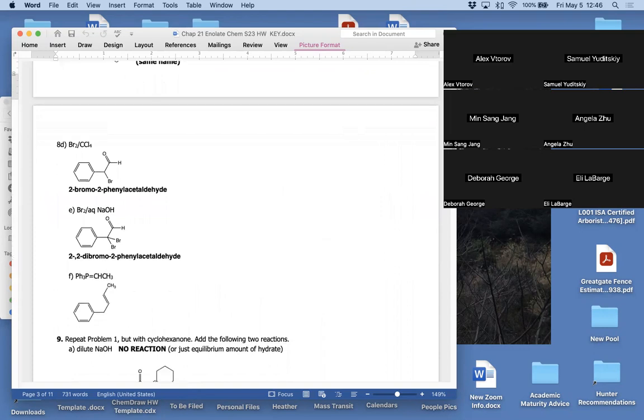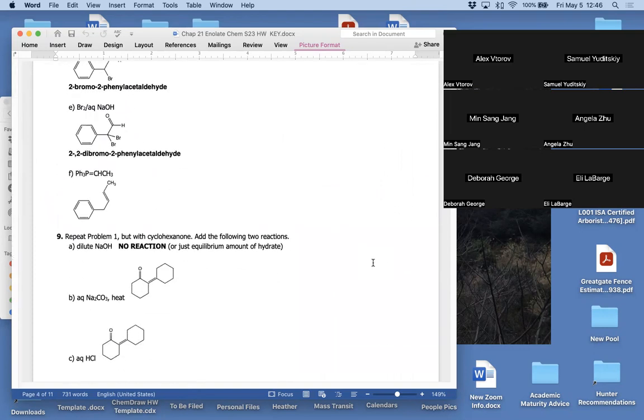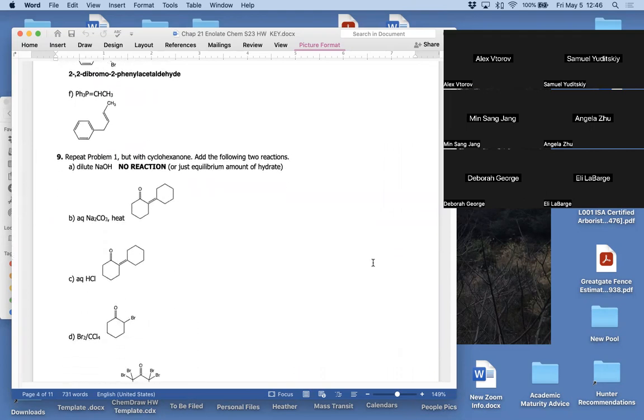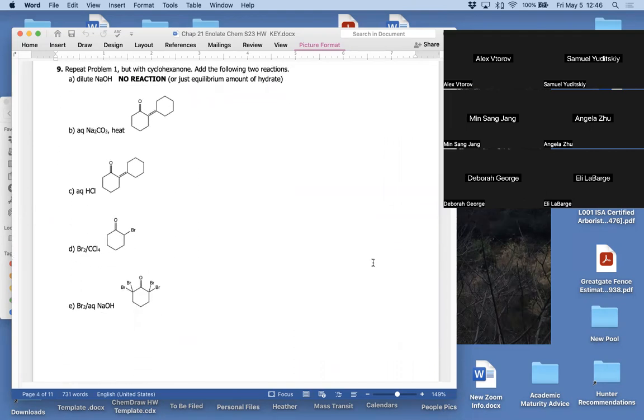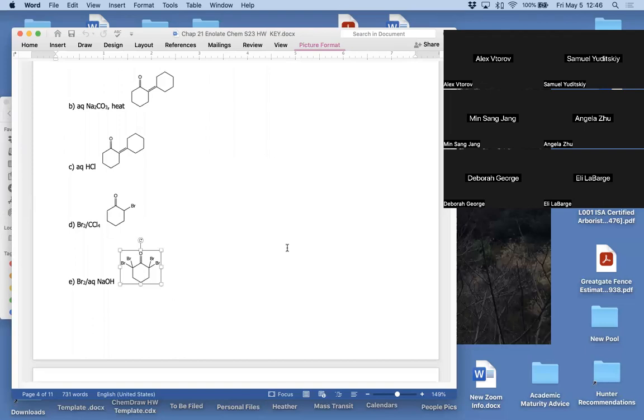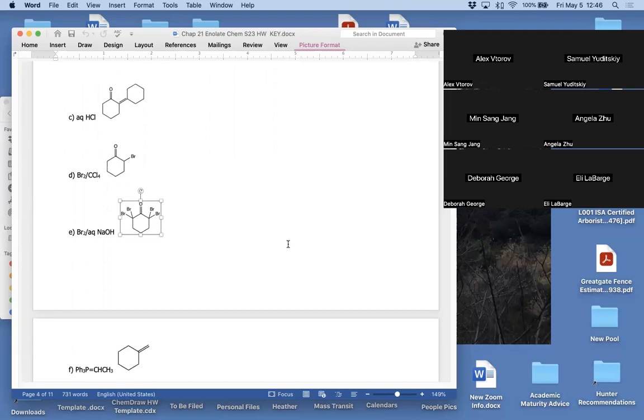So stop me somehow if you have a question on one of these. Notice on here, it stops there. The carbon bond cleavage in the iodoform doesn't work unless you have three halogens on one side.